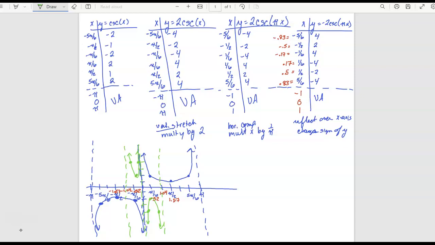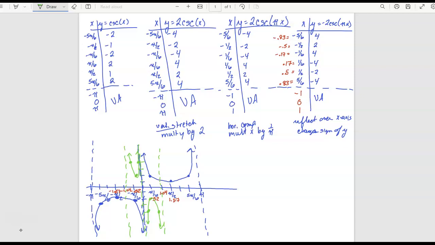And then we see that stretch happening because of that factor of 2, when we multiplied each of those y values by 2. And then you can see that the blue started upside down and then went right side up, but that reflection flipped everything. So that green one starts right side up, and then the other part of it goes upside down. So major changes happening with that one.